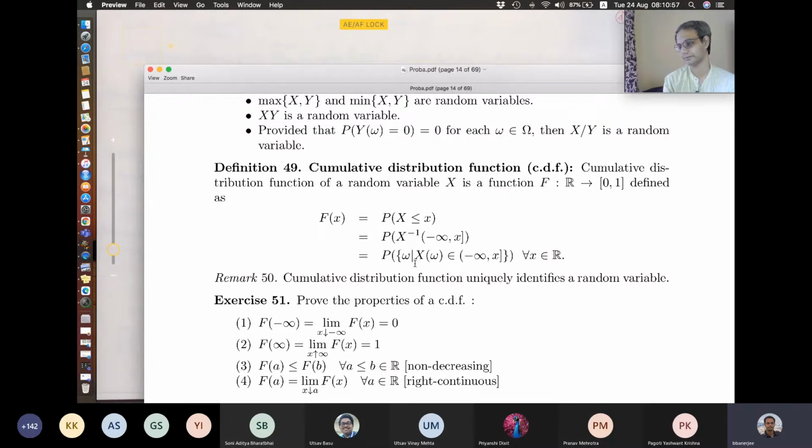Sir, regarding the right continuous, the fourth property, from yesterday's example, what if we choose the right extreme of any step?